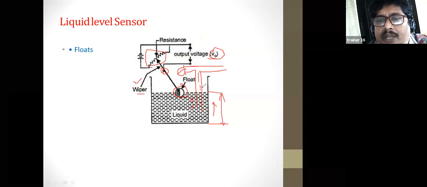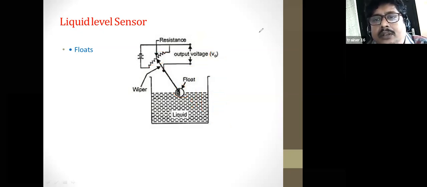When the air is supplied at high pressure, it opposes the back pressure. Depending upon the back pressure, we can find the level of the liquid in a tank. That is also one example to measure the level of the liquid in a tank. And then next we'll go for the other slide.